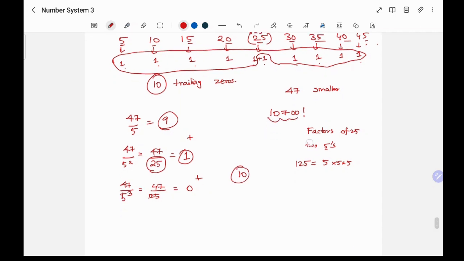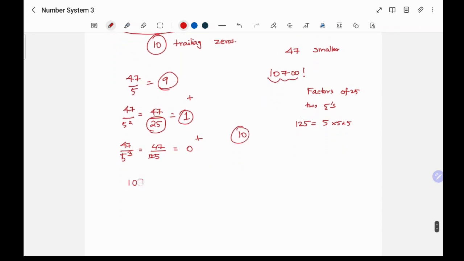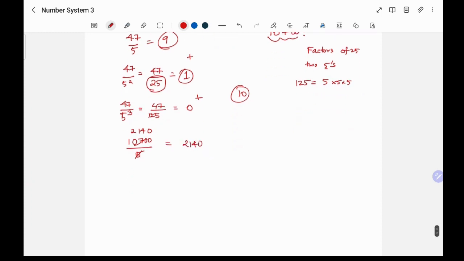Similarly, for 10700, we first divide by 5. What do we get? 2140. Now take 10700 and divide by 25. For this you can use a calculator.